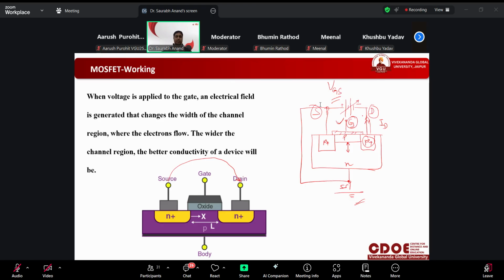So the gate voltage is actually controlling the current. This is the working. You can see ID is coming outside. So what type of channel is it? This is P, so P type channel, or we can say P channel. The channel is already there, so that is depletion type. So it is a P channel depletion type MOSFET.